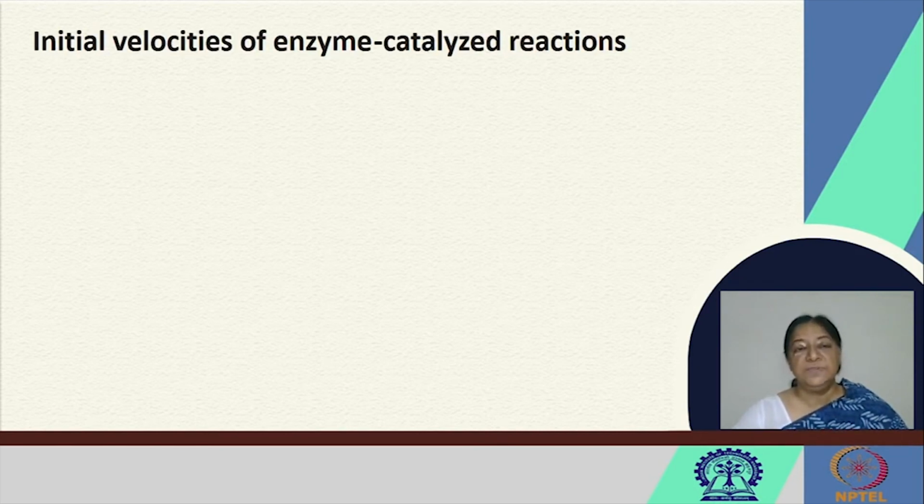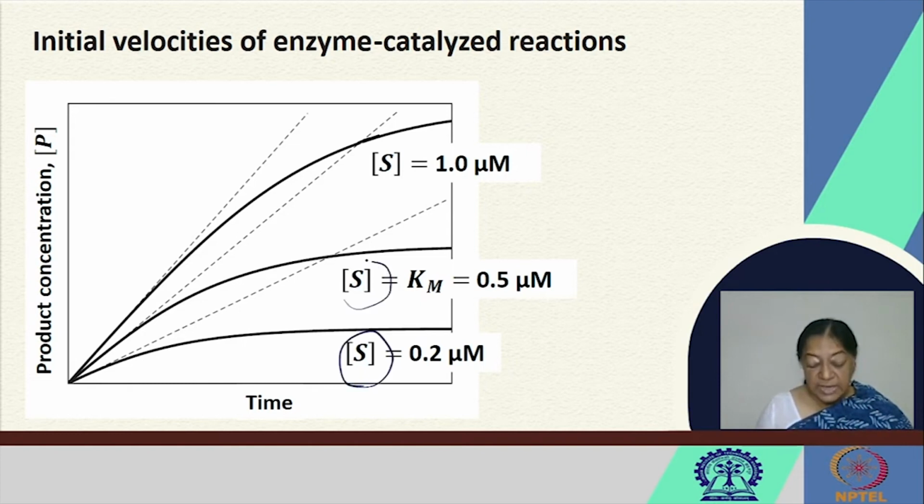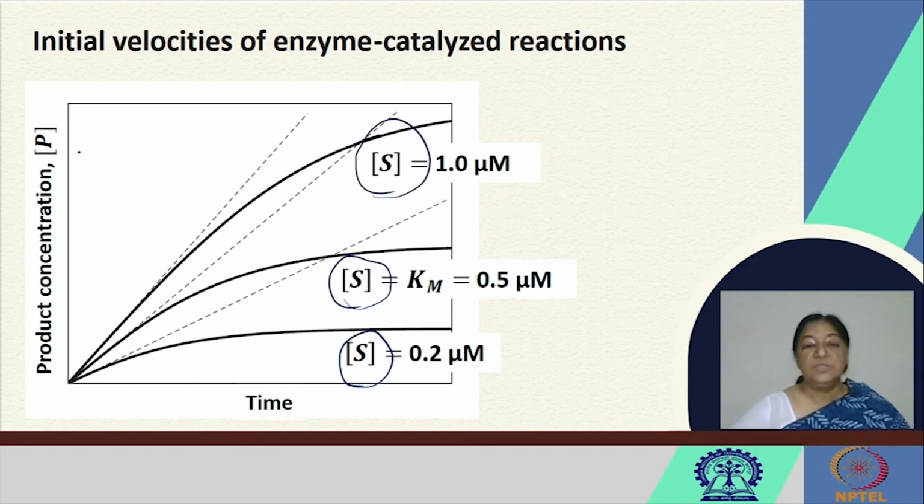Initial velocities of these enzyme catalyzed reactions can vary with the substrate concentration, in the sense that the more of the substrate we have, the more the product concentration, as would be expected, would increase. But for each of these initial values, we will get a velocity associated with the substrate.